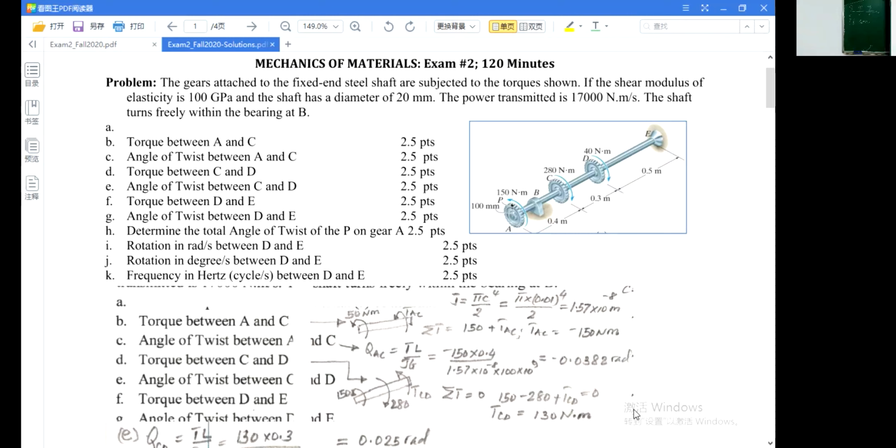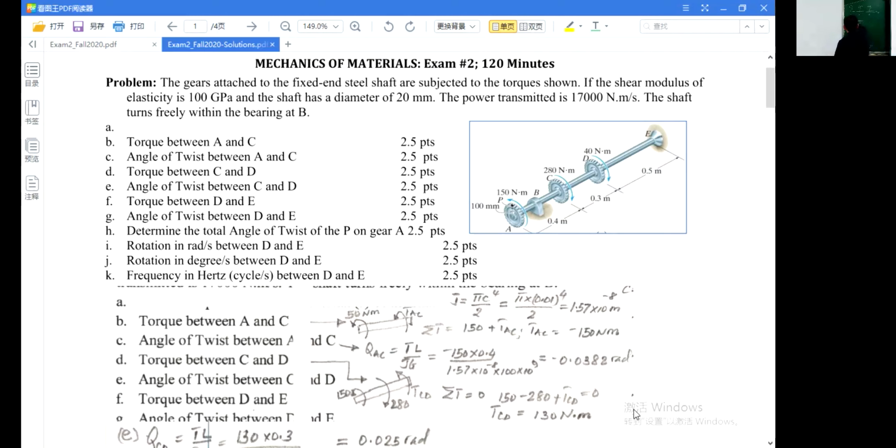Now find the torque between CD. How to find it? From the figure, 150 and 280 give TCD. Actually, let's find it.